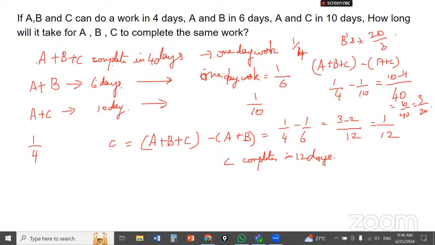So he will be working 6 days, and on the 7th day, he will complete the work after doing 2/3 of the work. So he doesn't take one complete day for the 7th. That's the meaning of 20 upon 3.